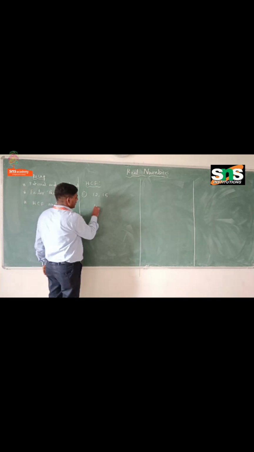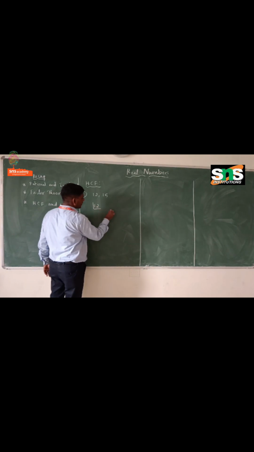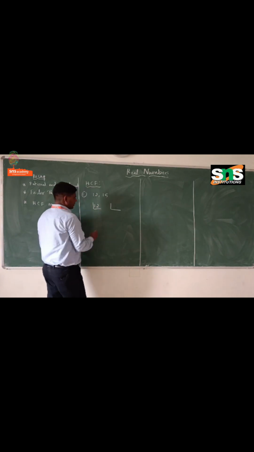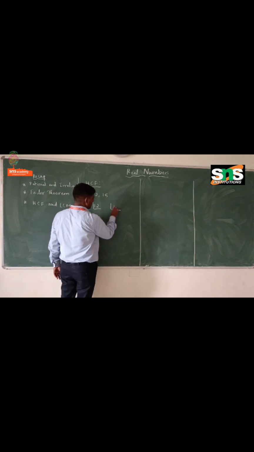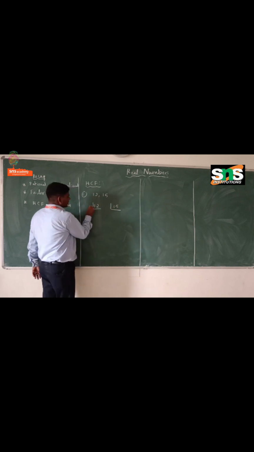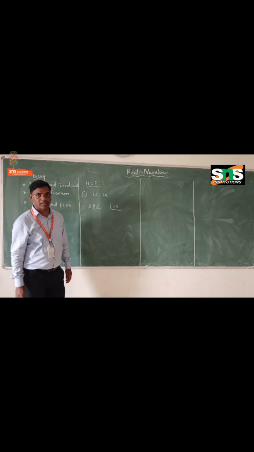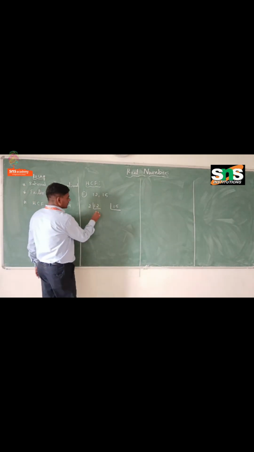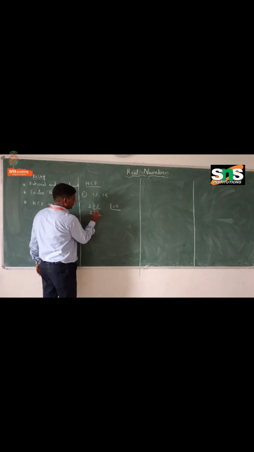Here we have to take the factors of 12 and 15 separately. What I told you in the previous class is that we are supposed to use only prime numbers. So 2 sixes are 12, 2 into 3 is 6, 3 into 1.